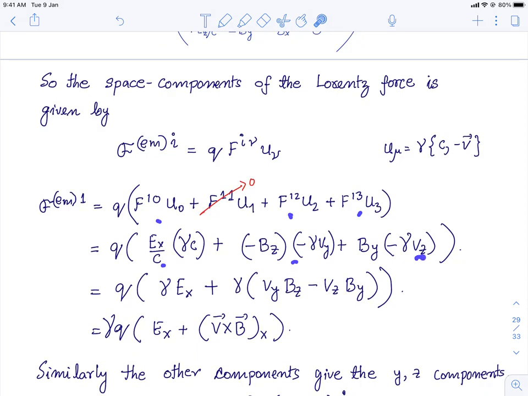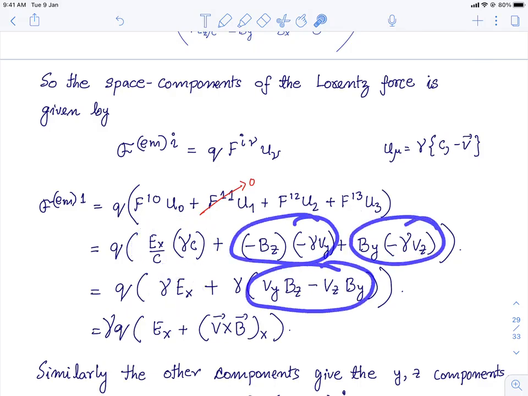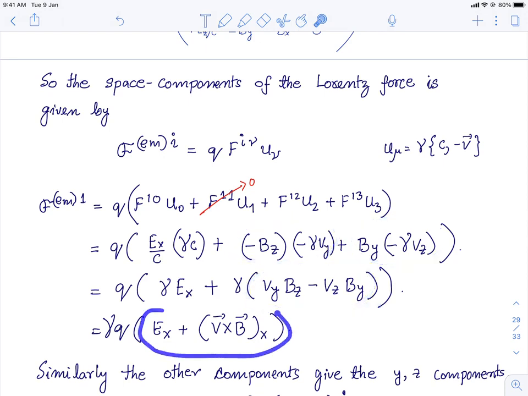One of these terms gives me the x component of the electric field, whereas these 2 terms come together to give you the v cross B term. So if you evaluate this, you get the E vector x component plus the v cross B x component, times Q, which is the usual. But here you have this additional gamma factor.